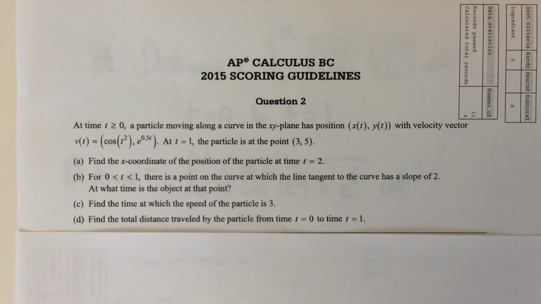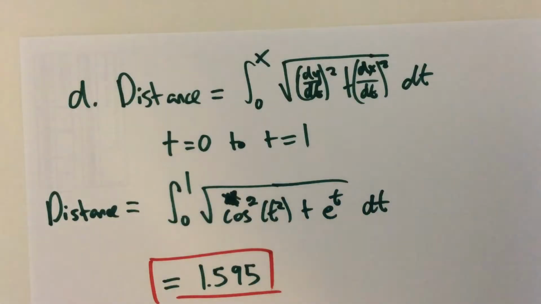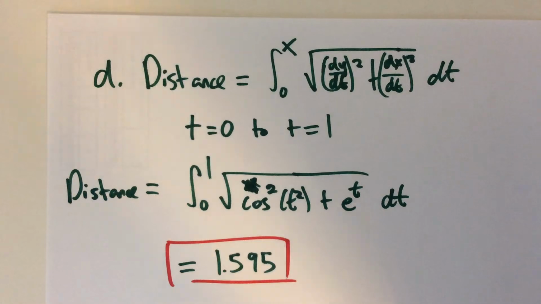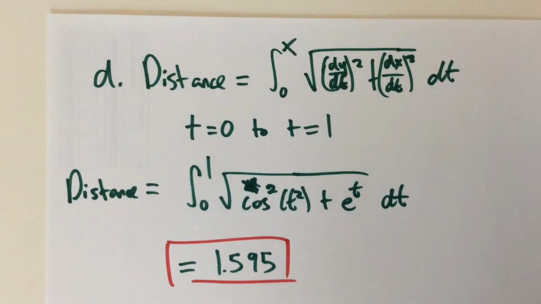It says find the total distance traveled by the particle from time t equals 0 to time t equals 1. This is another very easy problem because all you need to do is find the formula and then plug and chug in your calculator. The key formula in this one is the distance formula, which is the integral from 0 to x of the square root of dy/dt squared plus dx/dt squared.